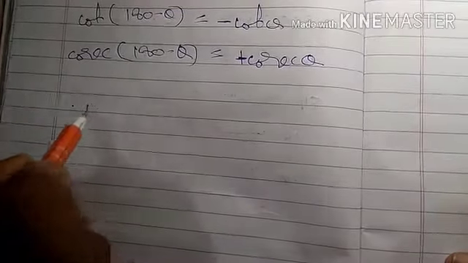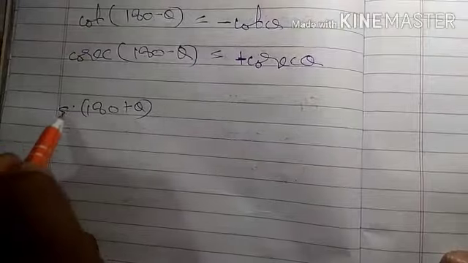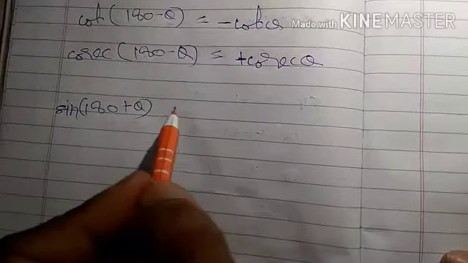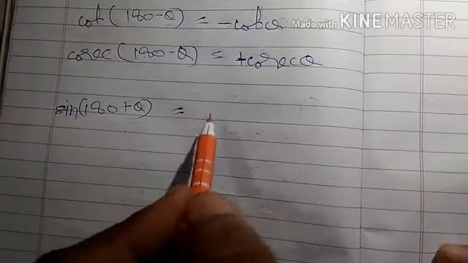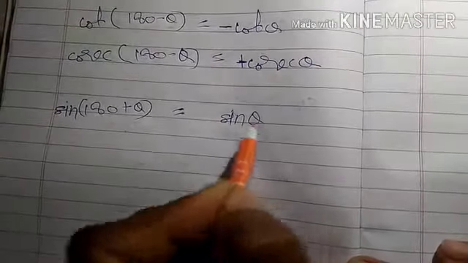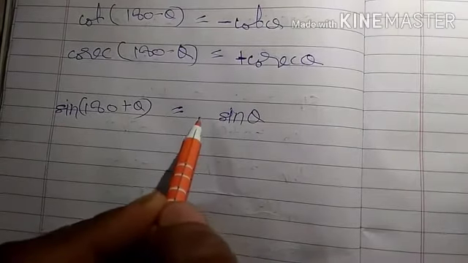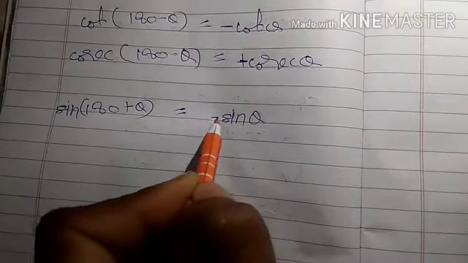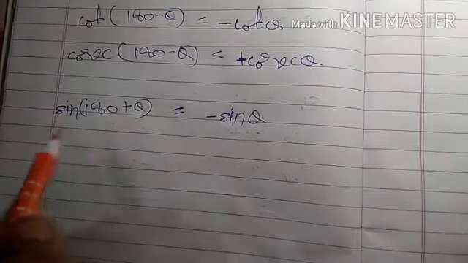So 180 plus θ, we measure all. Sin(180 + θ): functions change is not allowed, so sin θ. It is in the third quadrant, only tan θ and cot θ are positive, all other functions are negative, so sin θ is negative.